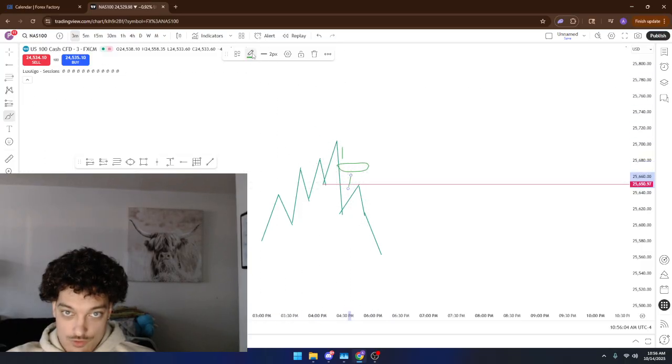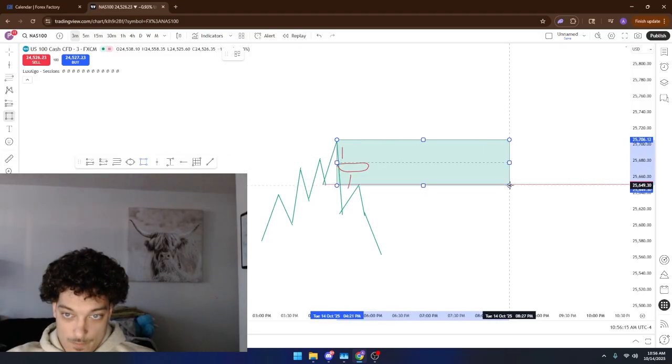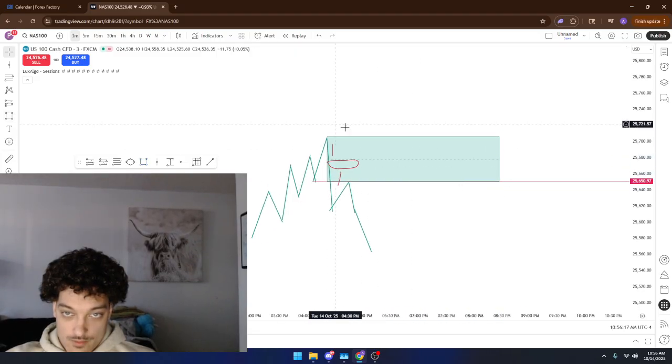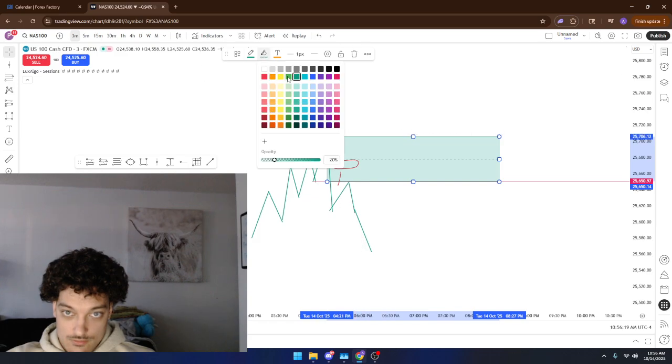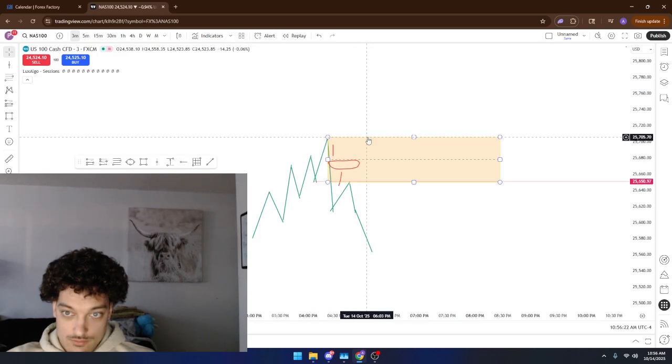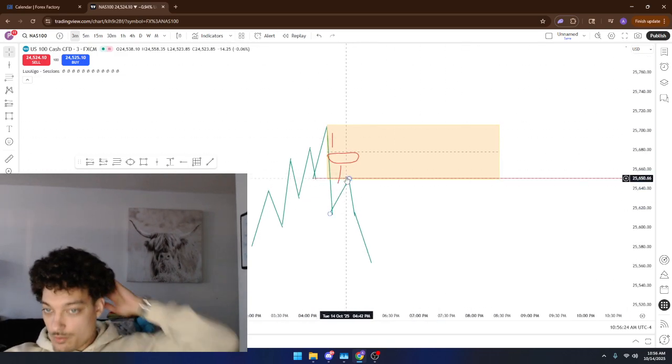I wish I could just turn all this red. My fault. Red. This will now be the breaker block. And what did price do?